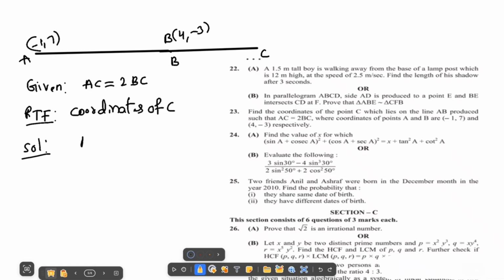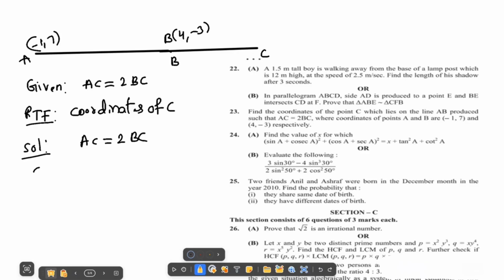So what is given? AC is equal to 2 times of BC. So this A to C is 2 times of BC. So as AC is 2 times of BC, then B is the midpoint of AC.